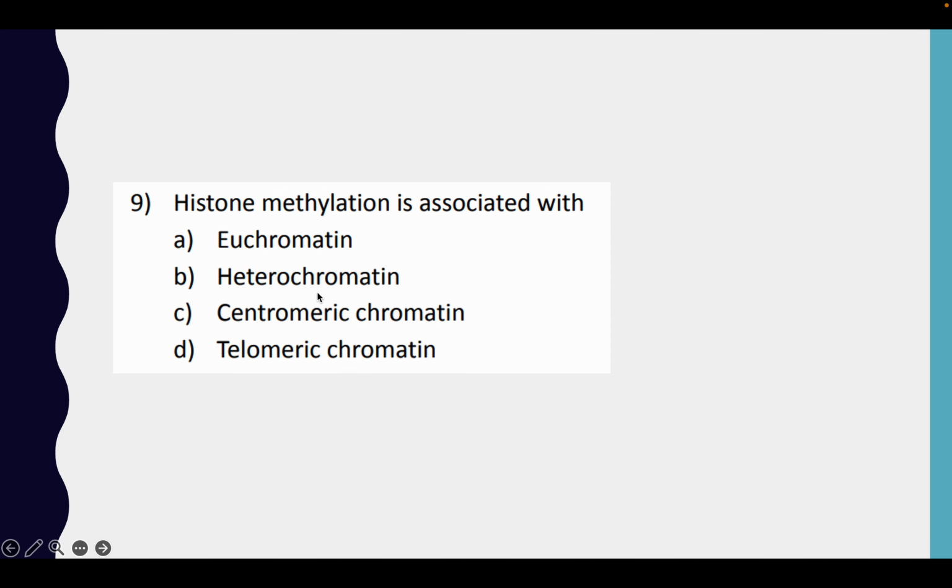Euchromatin, heterochromatin, centromeric chromatin, or telomeric chromatin?